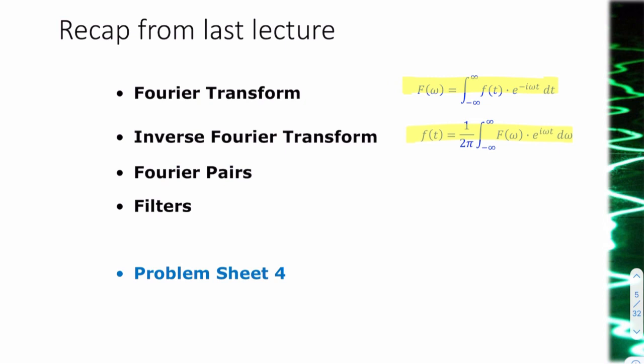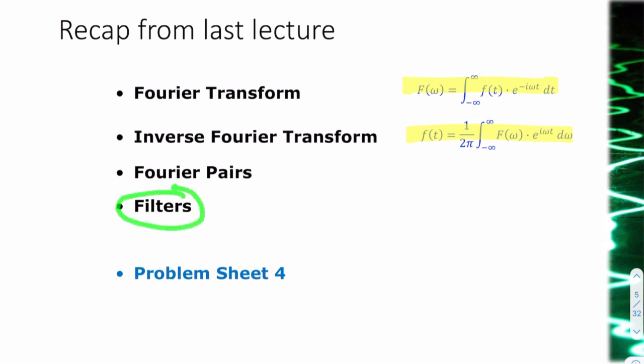We also introduced this idea of Fourier transform pairs. So we said some signals in the time domain, or all signals in the time domain, have corresponding spectra, and together we call these Fourier transform pairs, and some of these pairs we need to know.